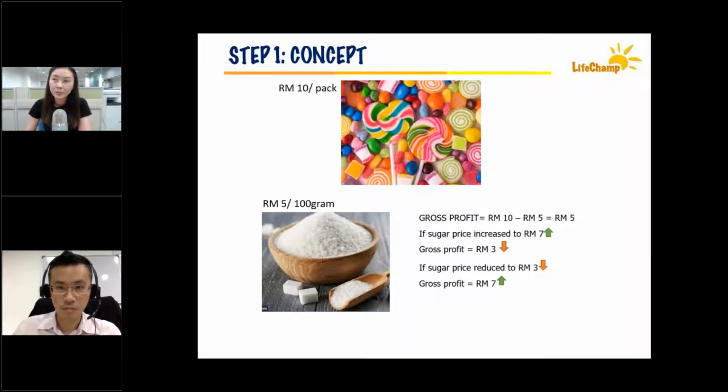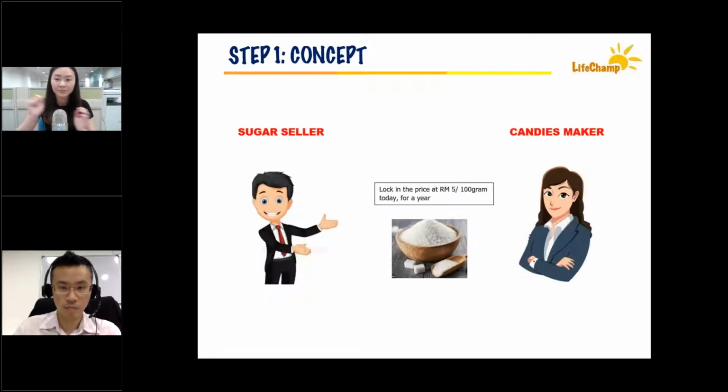So as a proactive businesswoman, she wants to focus on how to make good candies and how to market her candies. She does not want to worry about the price of sugar, the commodity price. So she looked for a sugar seller, and this is Mr. B. She talked to him that she wants to buy sugar from him for the next 1 year at a fixed price of 5 ringgit per 100 gram.